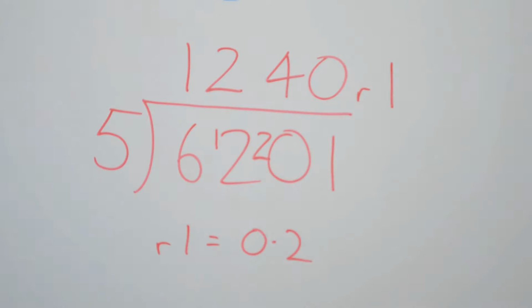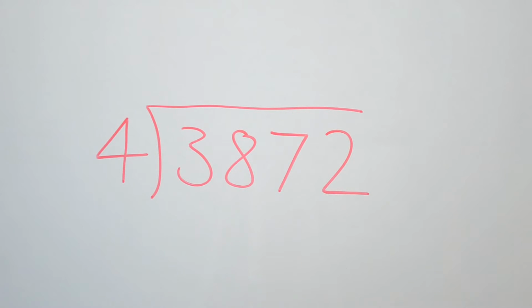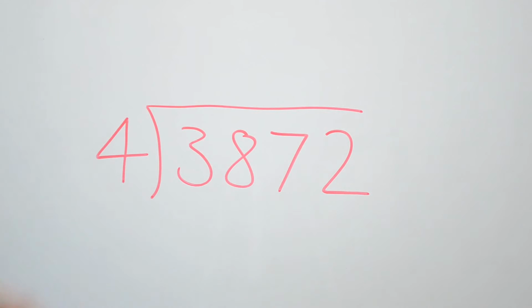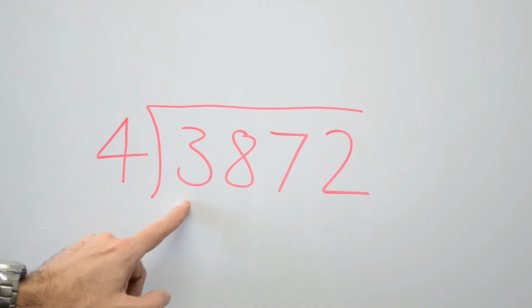Yeah. Let's go. Okay, so now our new problem is dividing by 4. A little bit harder than dividing by 5 because we don't know our 4s quite as conveniently as we know our 5s. Still, not a problem. Now the first thing that the kids here will notice is that 4 does not go into 3.